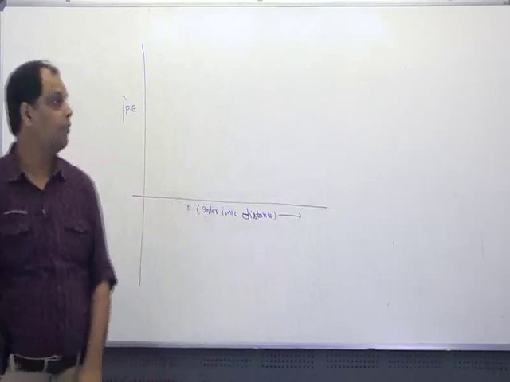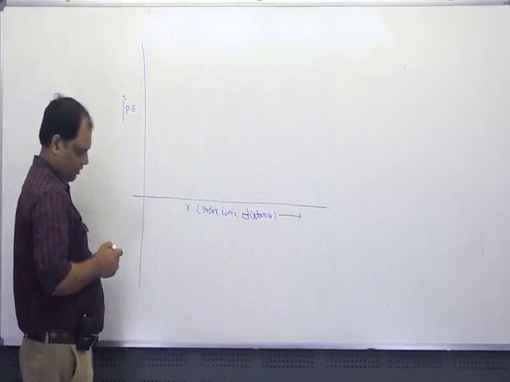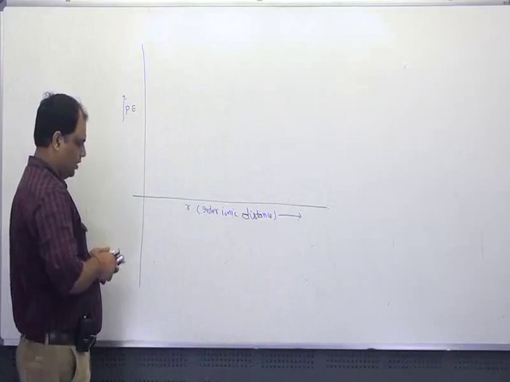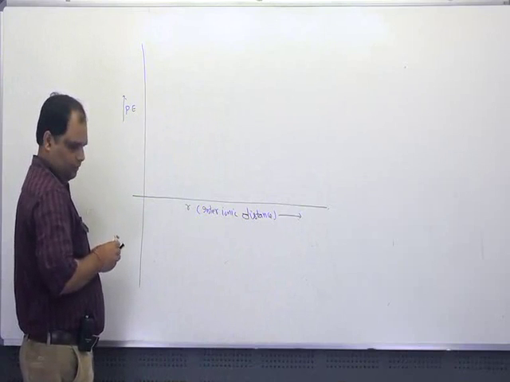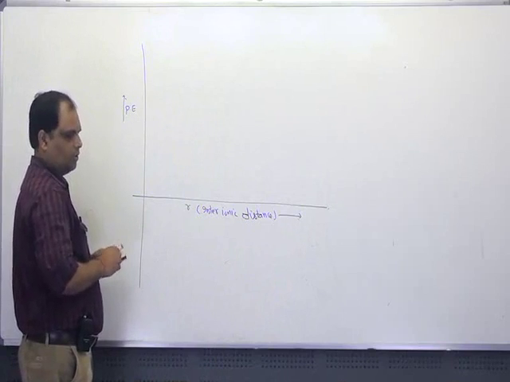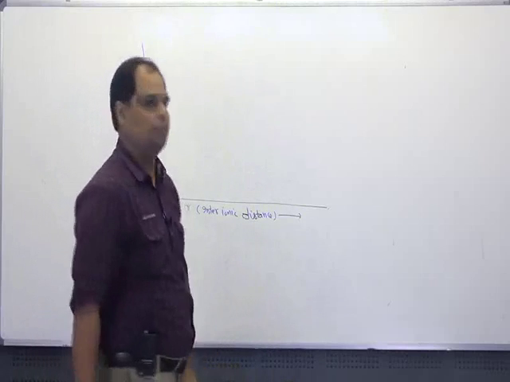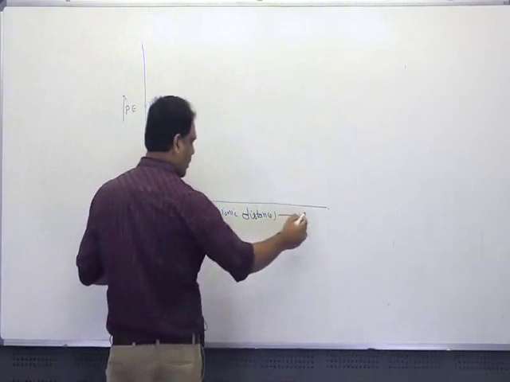Now we are going to plot the graph between potential energy and interionic distance. We always know that potential energy because of attractive force is always negative, and potential energy because of repulsive force is always positive.